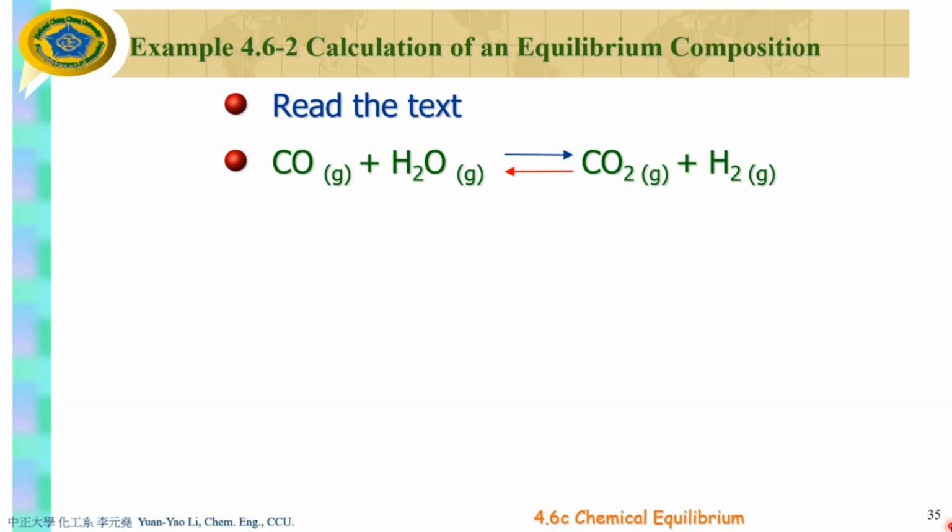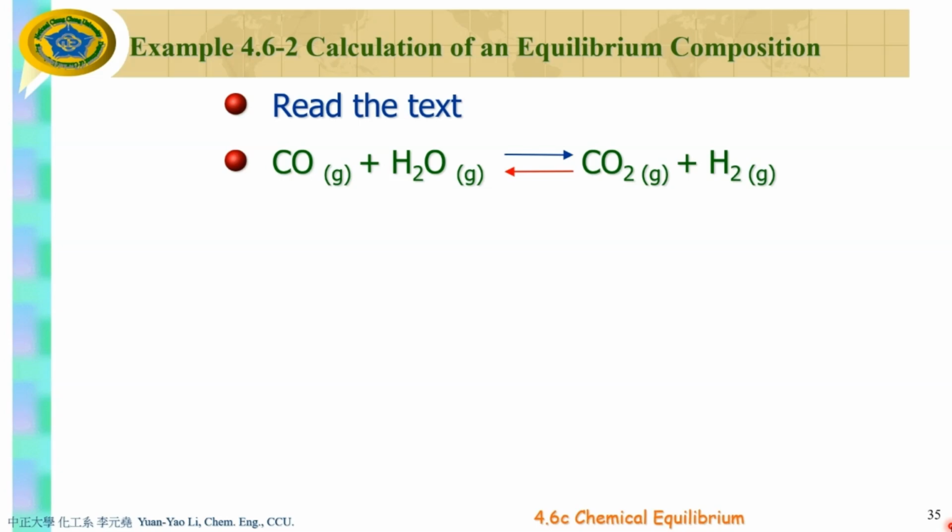The mole fractions of the 4 species satisfy the relation: you know that from high school, the fraction of the carbon dioxide times the fraction of the hydrogen divided by the fraction of the carbon monoxide times the fraction of the water is equal to K. K is the equilibrium constant.